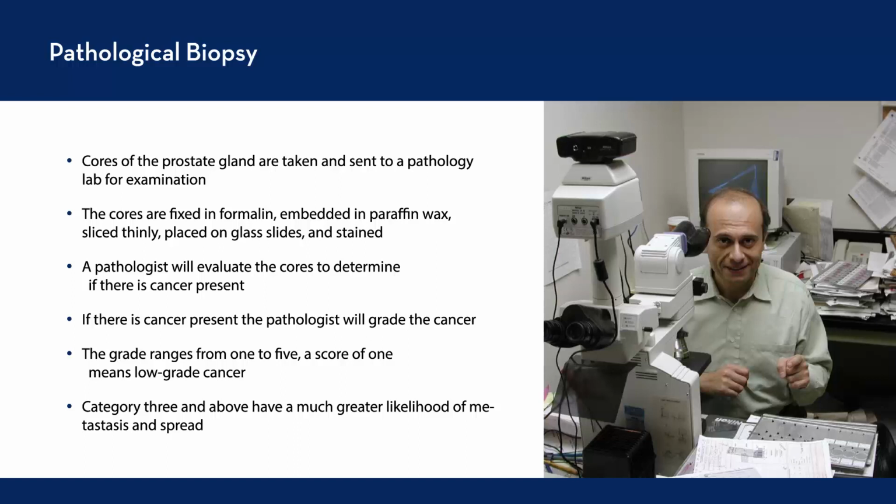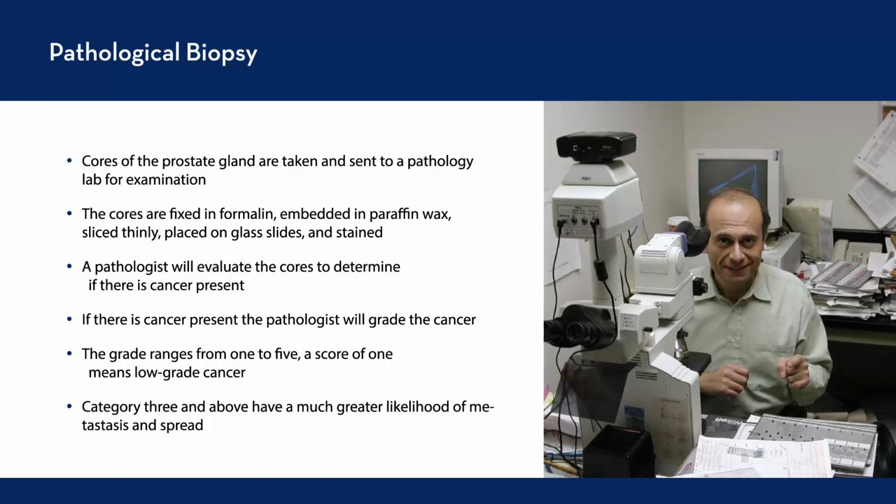So in a biopsy, basically cores of the prostate gland are taken, and then they're sent to a pathology lab for examination. In the pathology lab, the cores are fixed in formalin, and then they're embedded in paraffin wax and sliced really thin, placed on glass slides and stained.